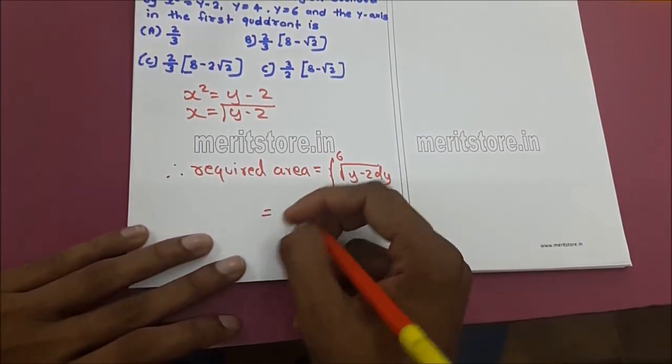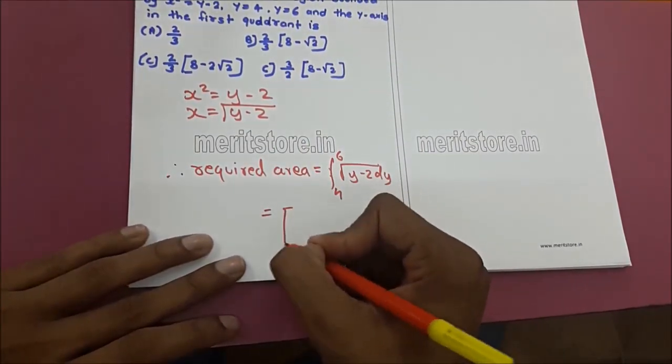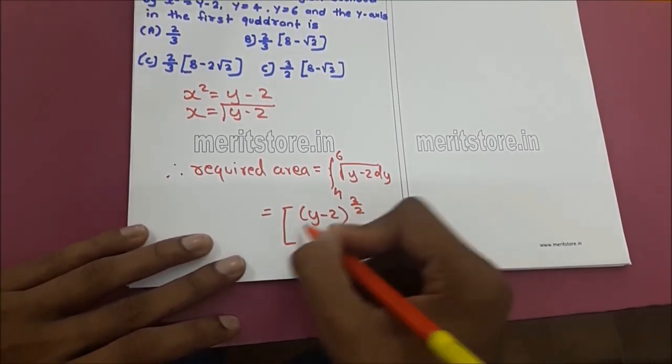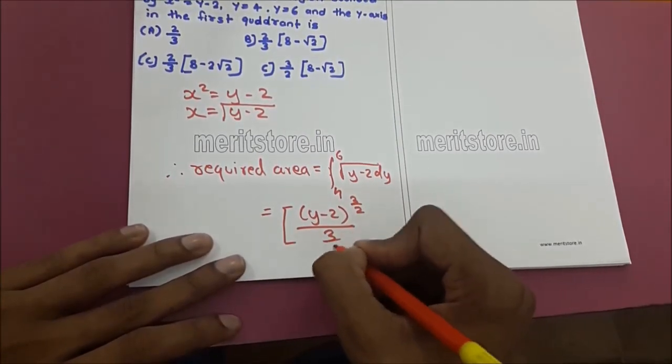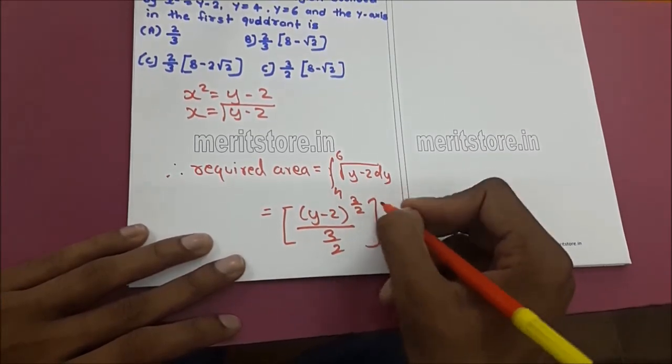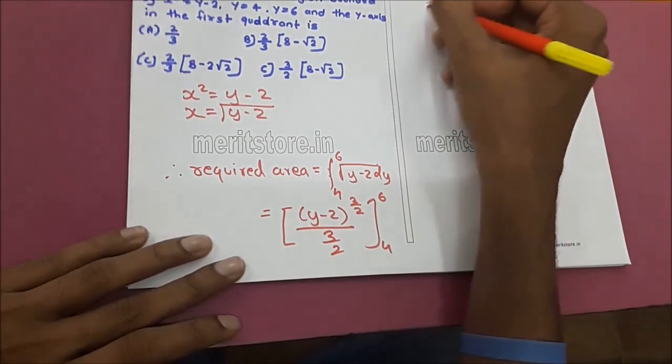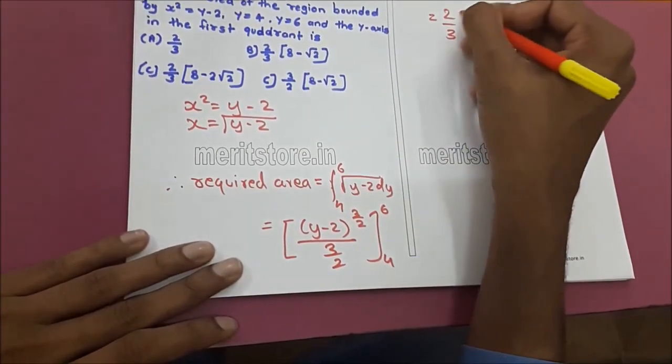Taking integration of root y minus 2, we get bracket y minus 2 raised to 3 by 2, upon 3 by 2, from 4 to 6.